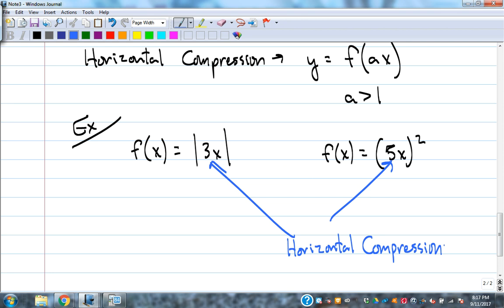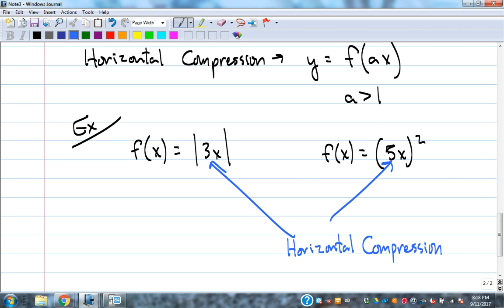The thing about these transformations that we recognize, they are very difficult to recognize on a graph, but very easy to recognize in an equation. When we look at an equation, we want to be able to visualize what's happening to it. We know the basic graph of the absolute value of x is a V. If we see a 3 on the inside times the x, we should know that's a horizontal compression, so that's going to make it skinnier.